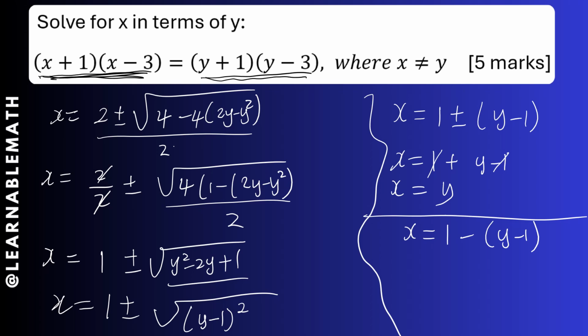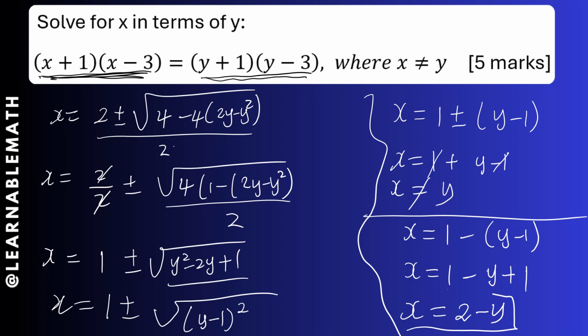And they said x must not be equal to y, so we'll cancel that out. So we want the other one, x equals 1 minus y plus 1, when you remove the negative. So x equals 1 plus 1, which is 2, minus y. This will be the answer of x in terms of y.